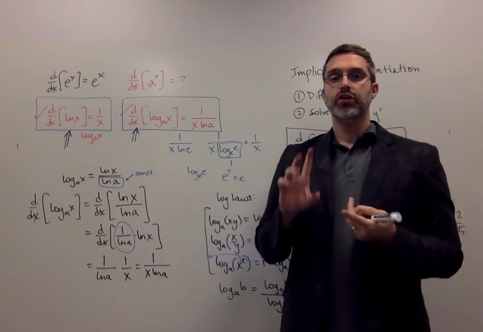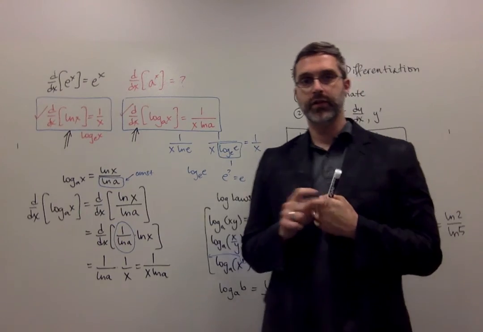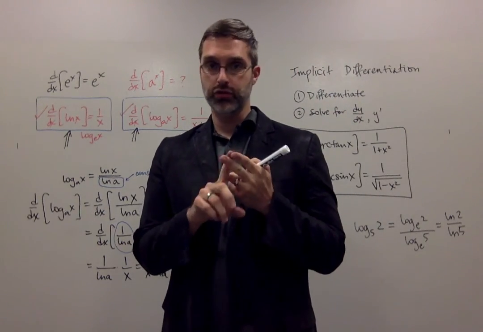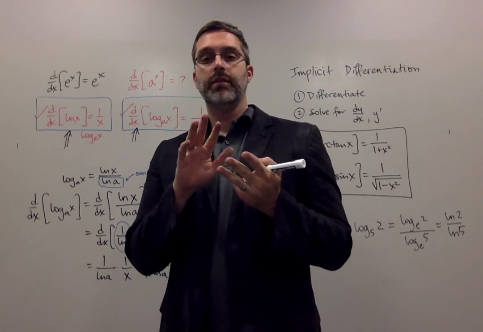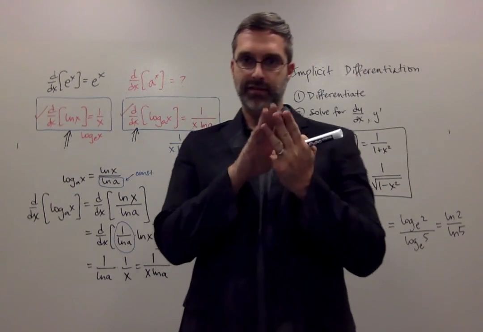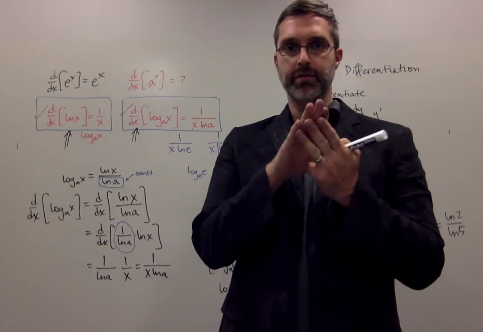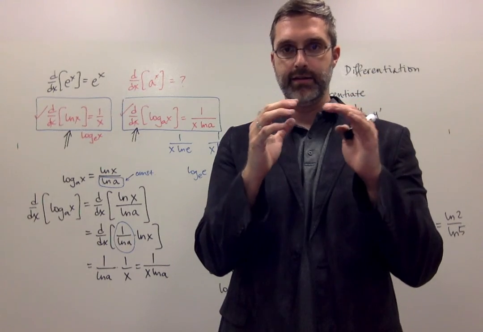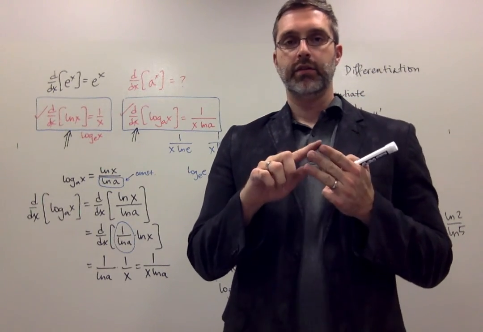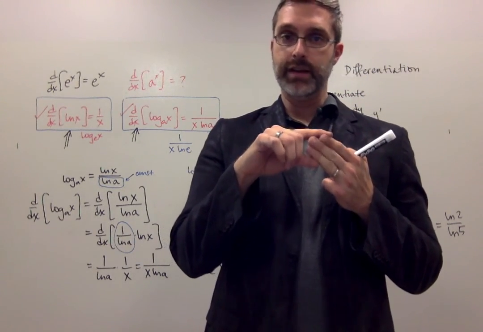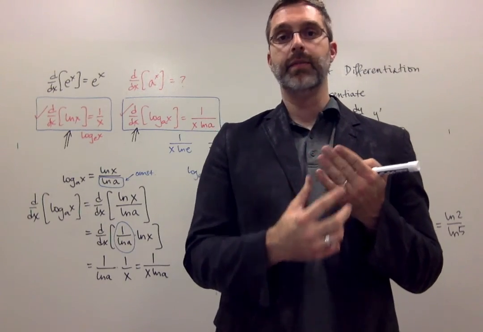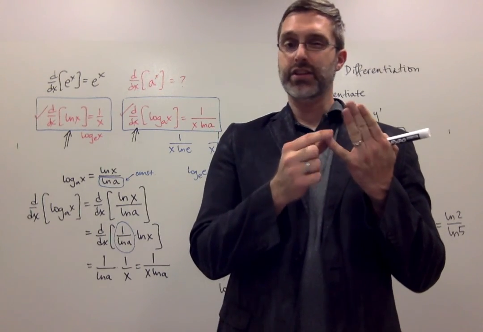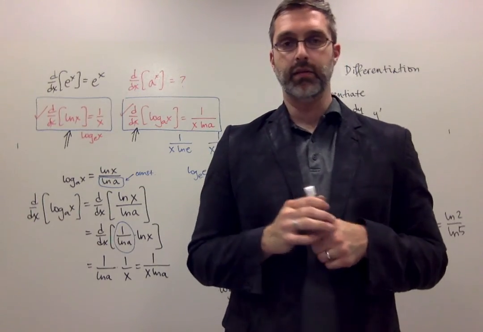Your quiz tomorrow is going to cover product rule, quotient rule, chain rule, and some combination of those. So remember that you always work from the outside in. It's potentially a combination of those, and then an implicit differentiation problem, kind of like the ones that we had on the homework.